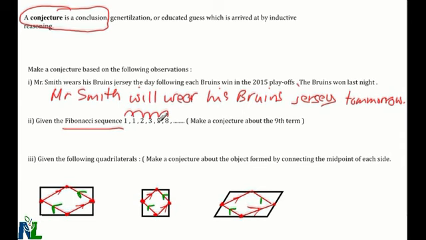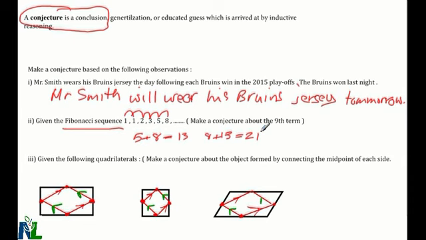And that pattern continues. So if I continue to follow that pattern, the next number in the sequence is the seventh term, which is 5 plus 8. So 5 plus 8 is equal to 13. So there's my seventh term. 8 plus 13, I'm just using the previous two, is equal to 21.